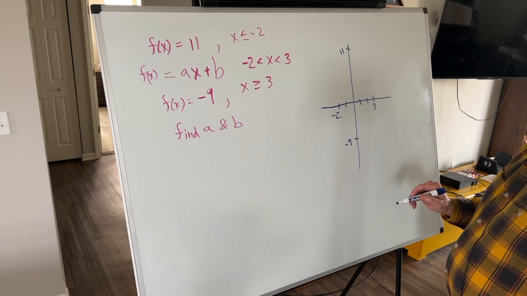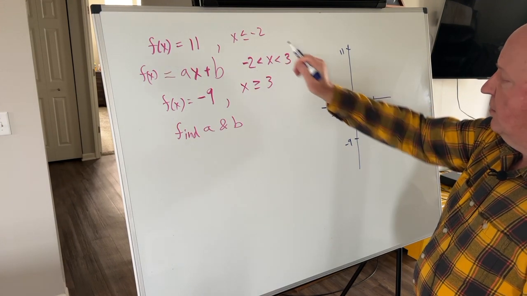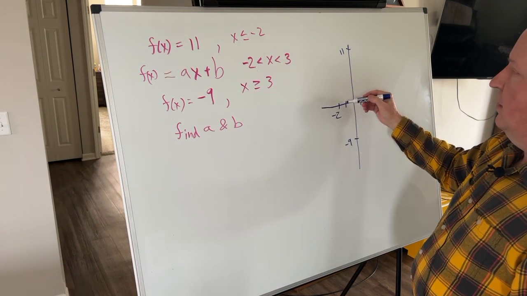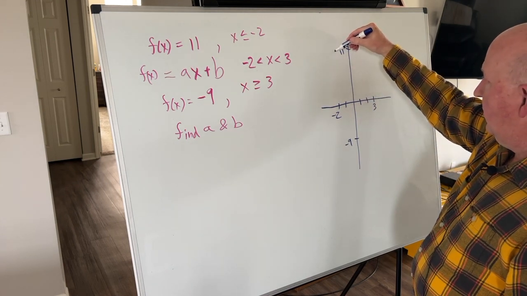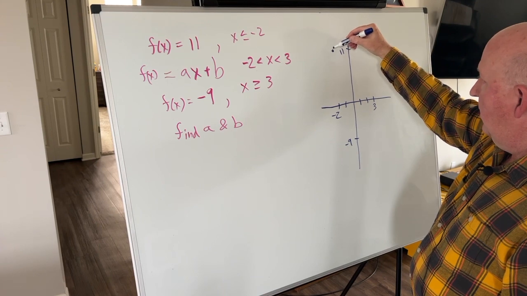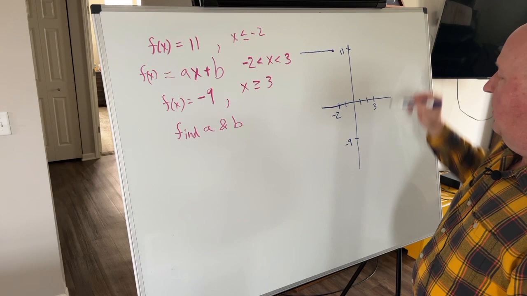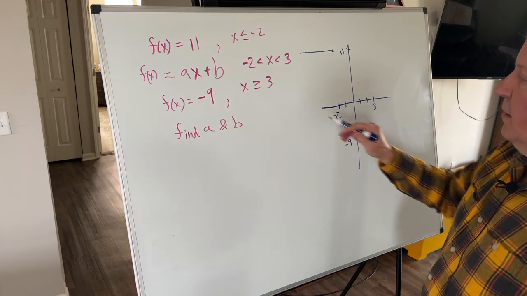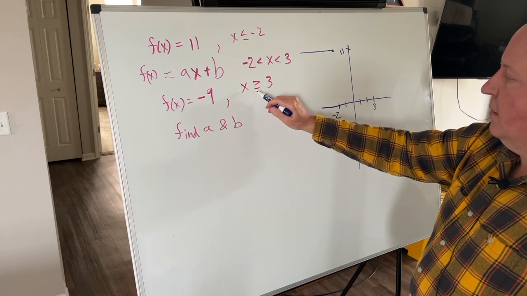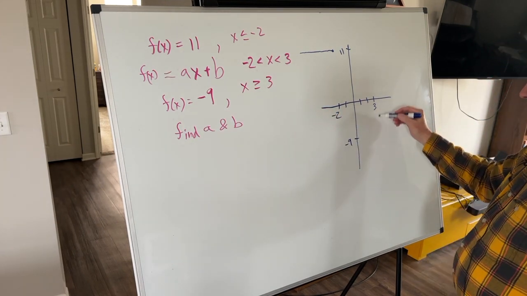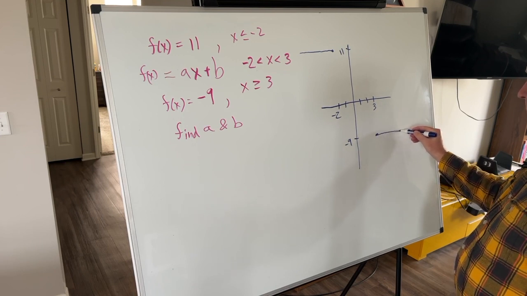So if f of x equals 11, where x is less than or equal to negative 2, that means it's 11 from here all the way horizontally forever. And then the third part, f of x equals negative 9, where x is greater than or equal to 3. So down here, from this point all the way forever.